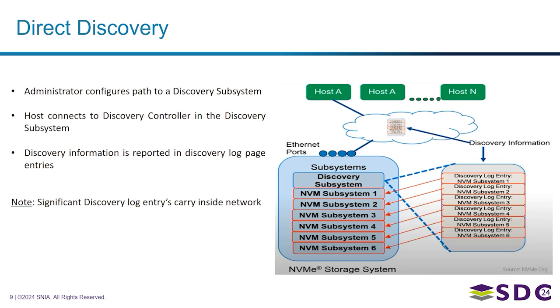All those respective subsystems will have a log page entry, and the consolidated log page entries for the subsystems can be discovered through the discovery subsystem. When all this information is available, it will be floated around the network. Since all the hosts can see the storage and vice versa, the discovery process will be carried out with a lot of network traffic, and it will be very challenging to optimize the bandwidth in the network environment.